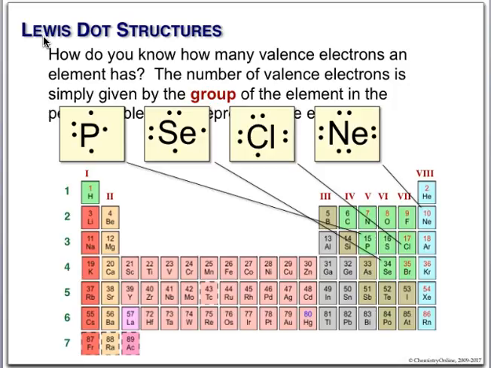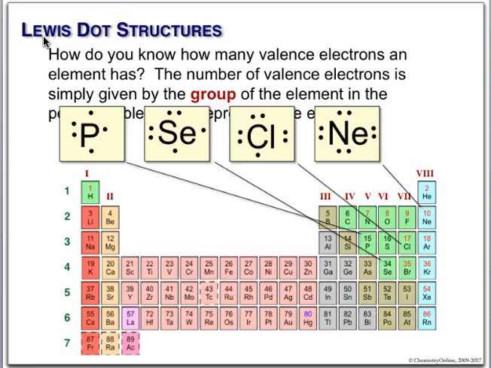Now remember when we talked about these guys over here in 8? We said that they were inert gases. Inert gases, also called noble gases. Why? Because they don't do anything. Nobility didn't do anything. The reason they don't do anything is that they have a full shell of electrons and they don't want to react with anybody else.